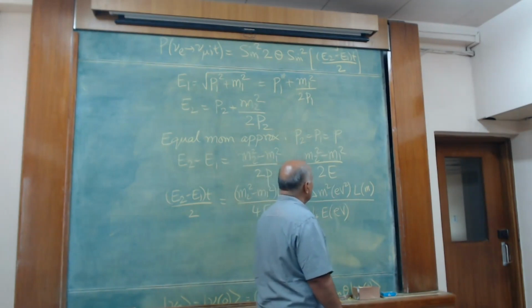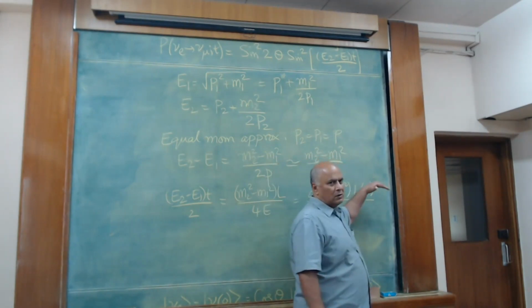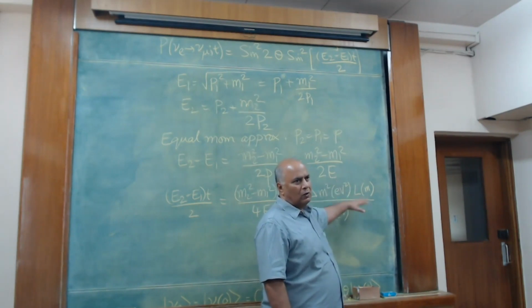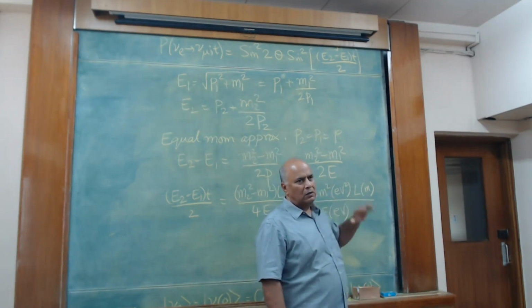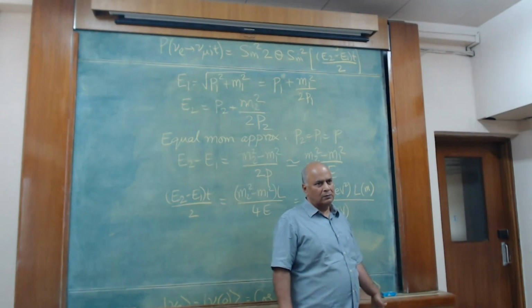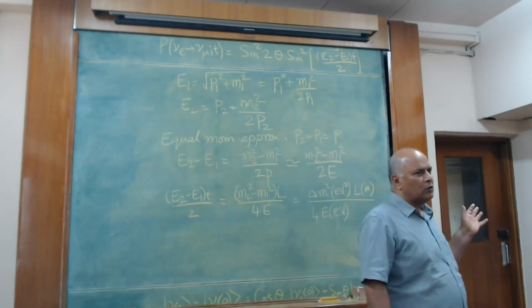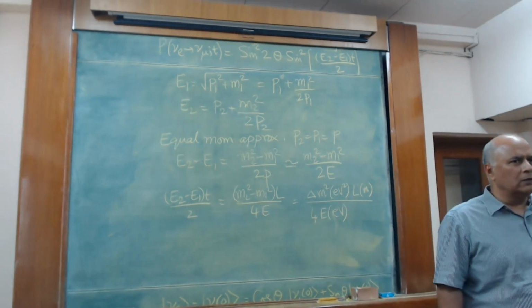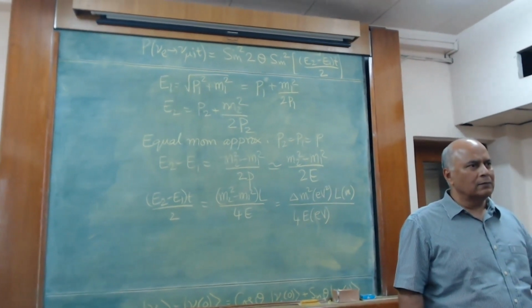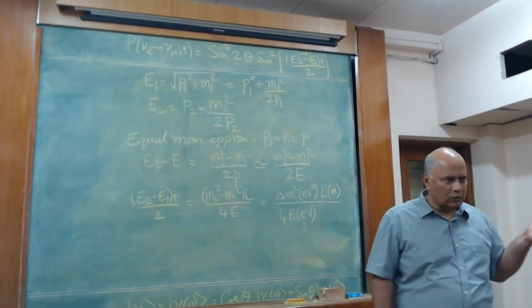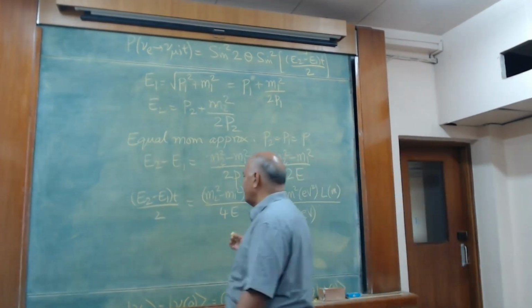So the numerator is eV square, this eV will cancel one eV, so the net dimension is eV times length. And what combination of h cross and c has dimension energy times length? h cross c. This you should remember.